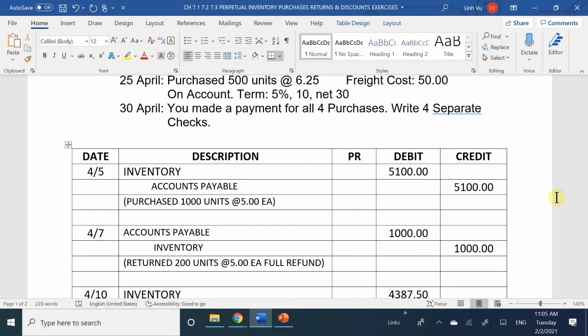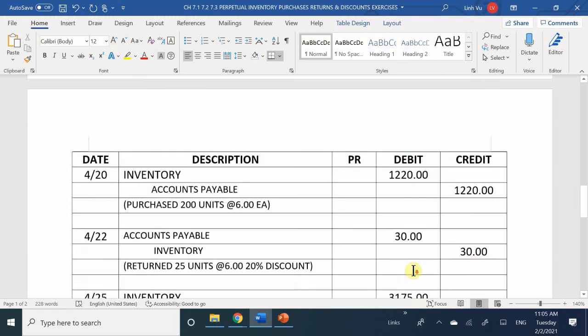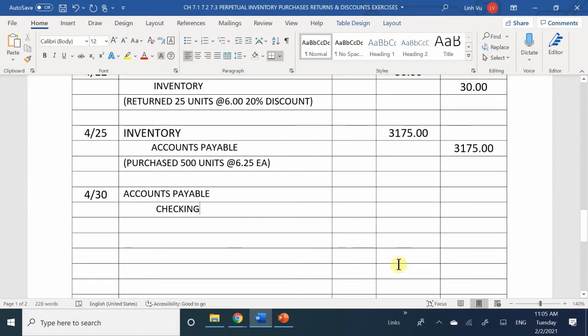Be 4,100? 4,100, because if I originally made a purchase for the full 5,100, and I made a return which reduced my account by 1,000, I should have a remaining balance of 4,100 for that bill.